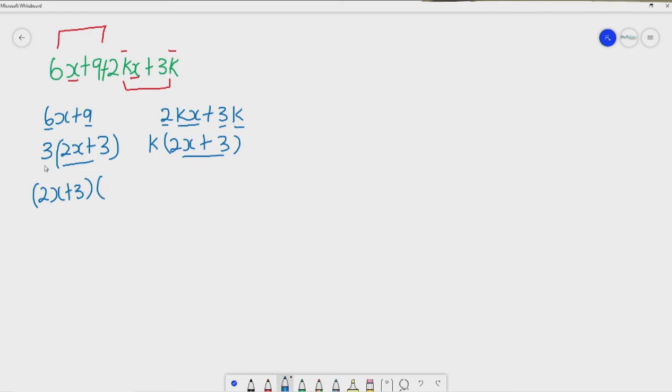And in another bracket, we write the two terms that are outside of the bracket. So in this case, this is going to be 3, and this is a positive k, so we put plus k.